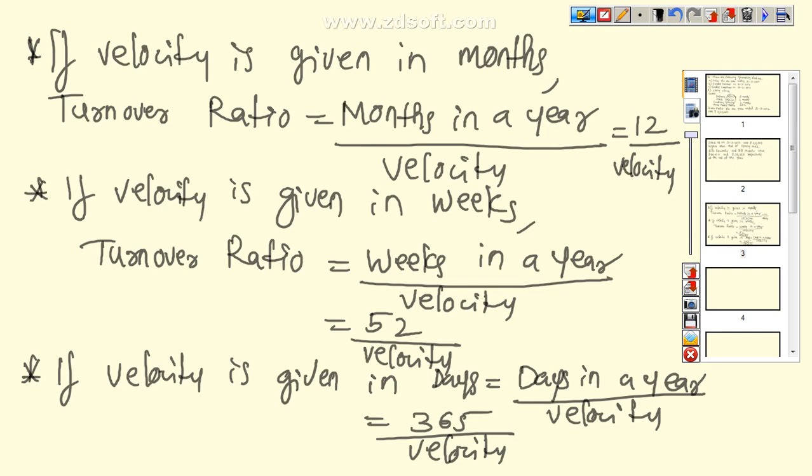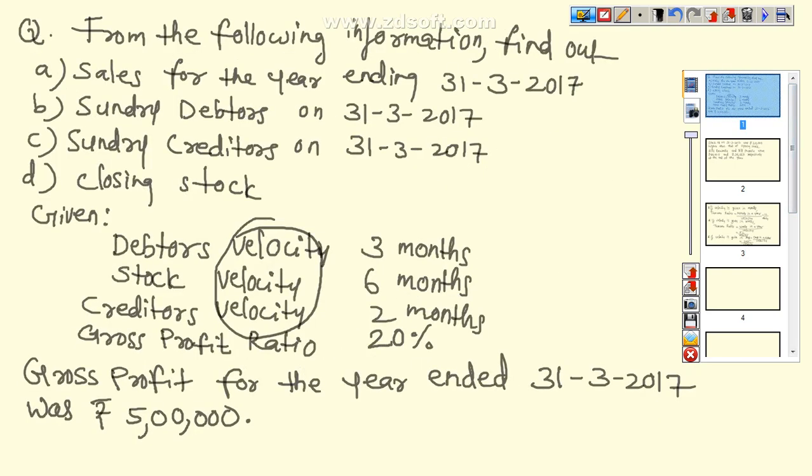Now, according to the question, which velocity is given first? Debtors velocity. So we write it here: debtors velocity is equal to 3 months.